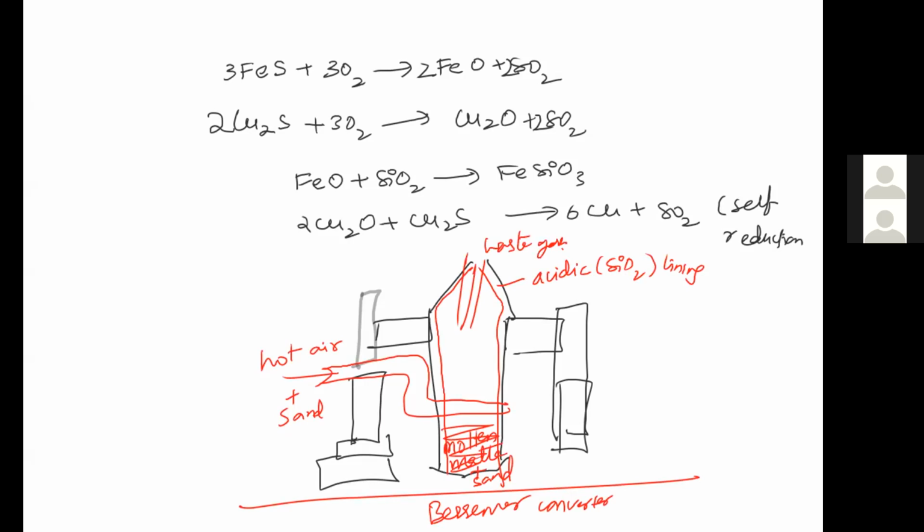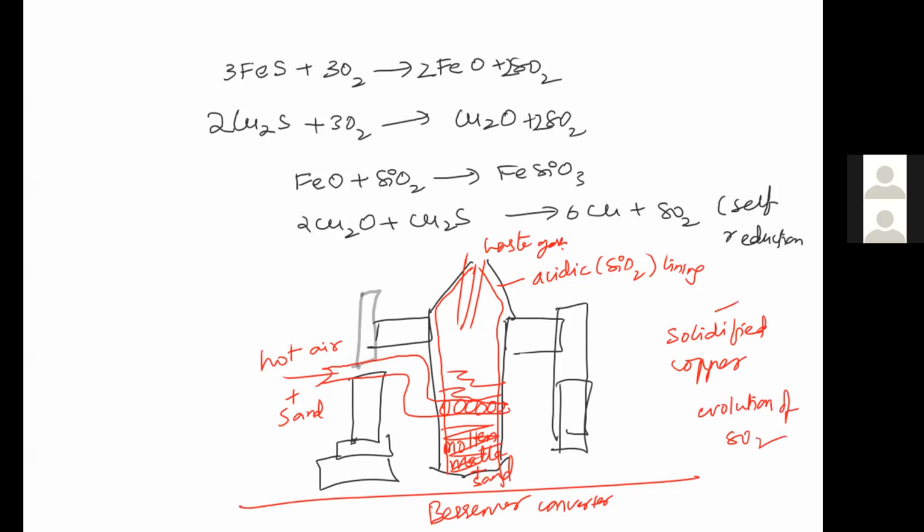So whatever you can see all this present. So you get actually solidified copper, and there is evolution of SO2.